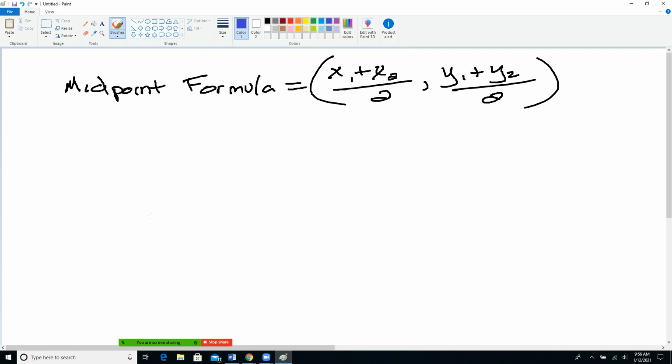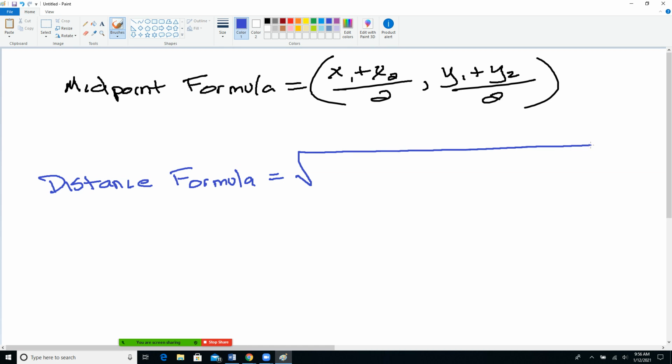Distance formula, which we just went over today, is the square root of x2 minus x1 squared plus y2 minus y1 squared.